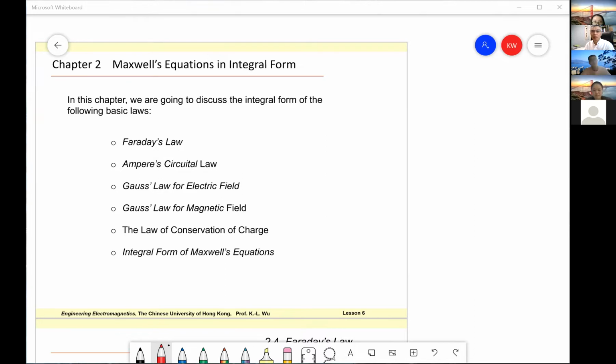And then, creatively and mathematically, Maxwell derived from all these experimental results that there is another kind of current, called displacement current, that could not be experimentally found.